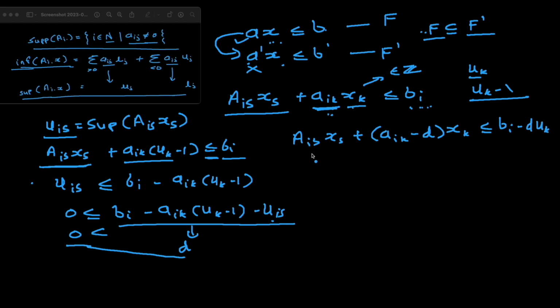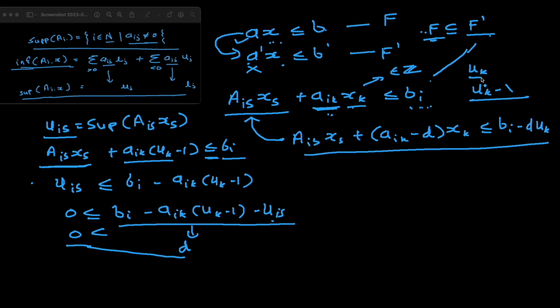So this is a completely different constraint. It has a different coefficient for xk, and it has a different right hand side than this one, and the claim is that this particular constraint dominates this constraint, right? So it has a stronger relaxation. The feasible region for this constraint is a subset of the feasible region for this constraint. Okay, so let's see how that works.